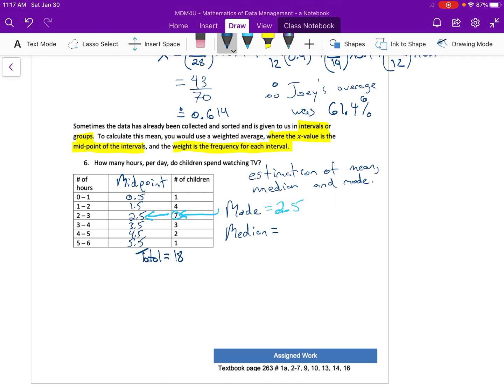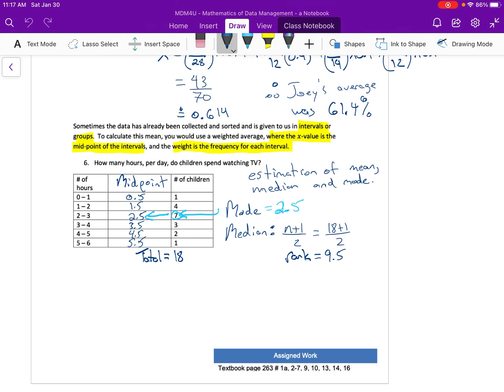So the median is going to be the nth. Let's just do the n plus 1 divided by 2 thing. So 18 plus 1 divided by 2 gives me 9.5. So the rank of it is going to be the 9.5, or between the 9th and 10th child.